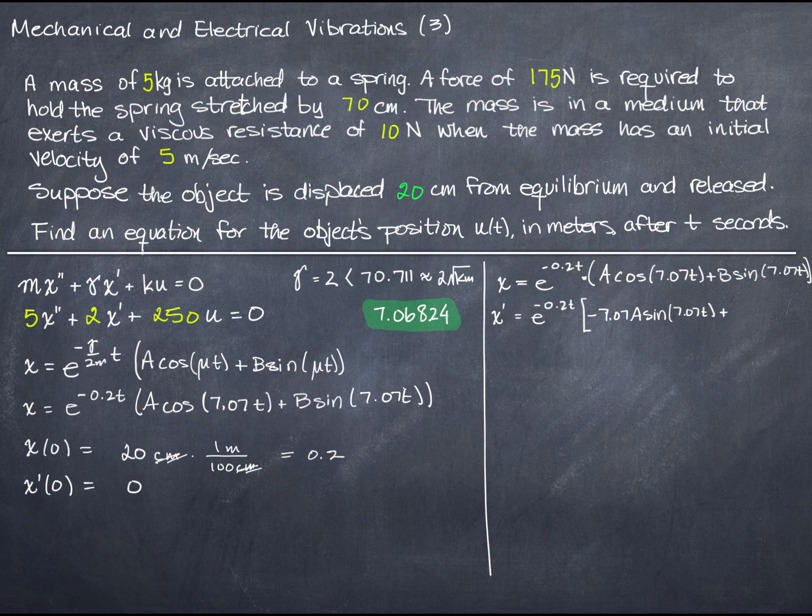So I only need to work in one direction there. And then this b sine, so the derivative of sine is cosine, but the chain rule requires that I use that again. So I have plus 7.07b times the cosine.